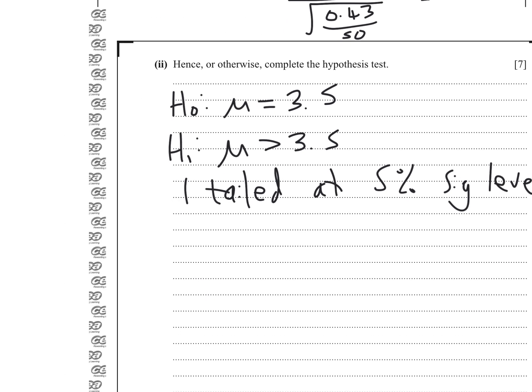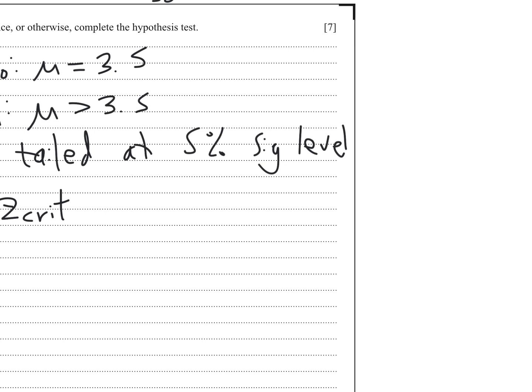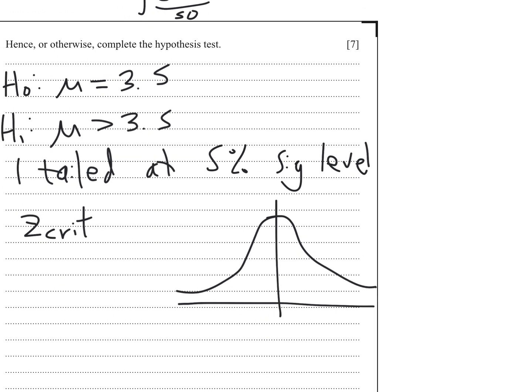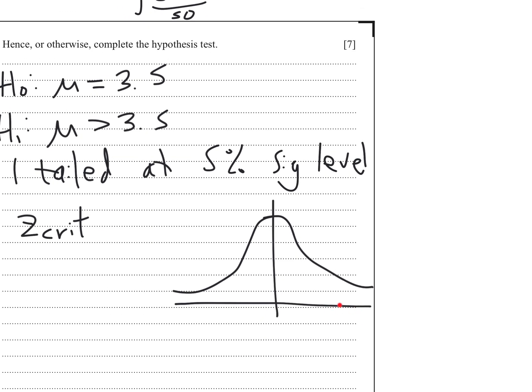From that we could work out what Z crit is. Z crit is like our boundary line. We've got a normal distribution here. We've got a Z test score of 2.16, so 2.16 is going to be somewhere on this line, but I'd rather put on Z crit first so I can see whether Z test is outside or inside.